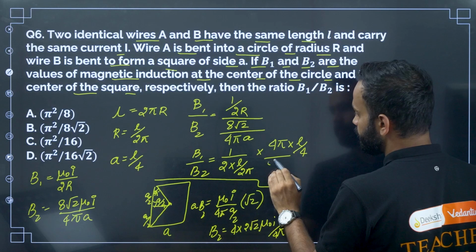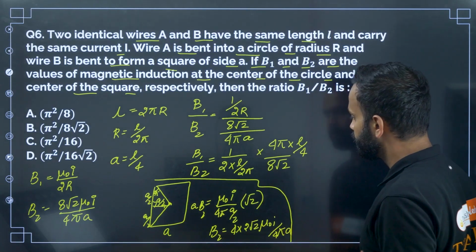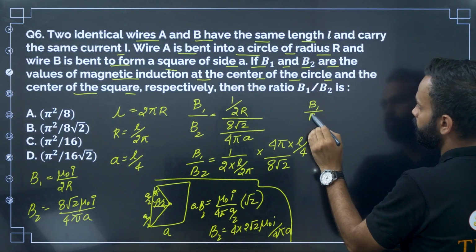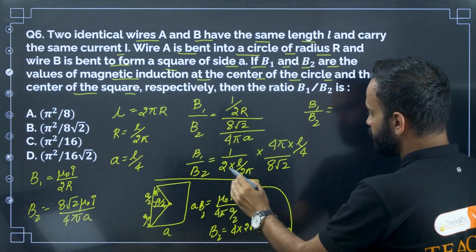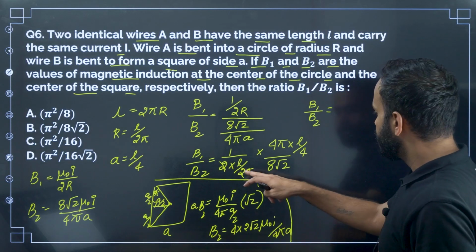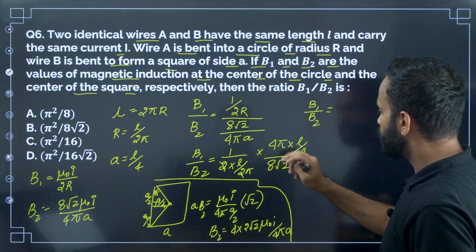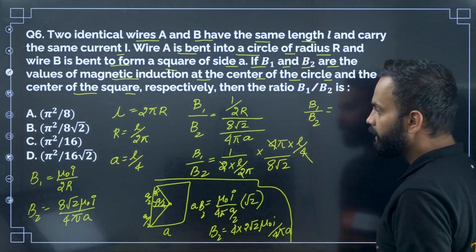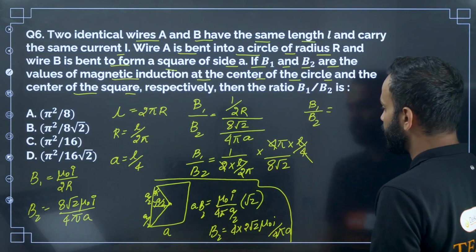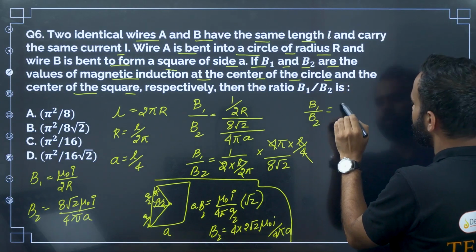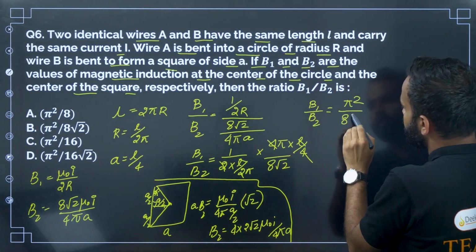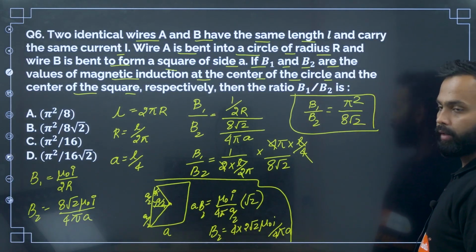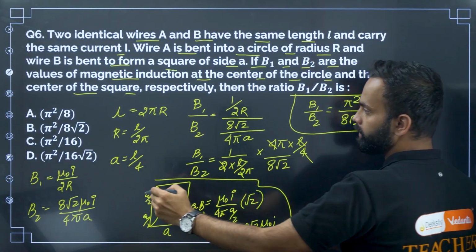So 2 gets cancelled, pi goes to the numerator so it is pi square, 4 gets cancelled, and L also gets cancelled. So pi square divided by 8 root 2 is the value of B1 by B2. The correct option is B.